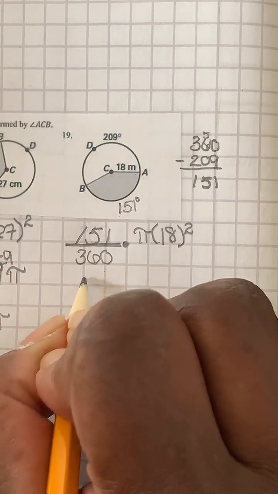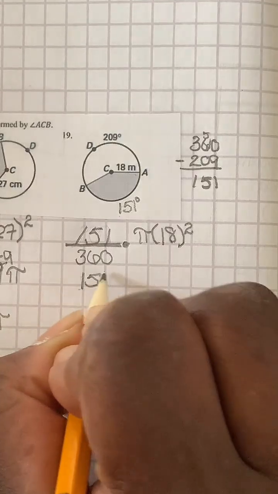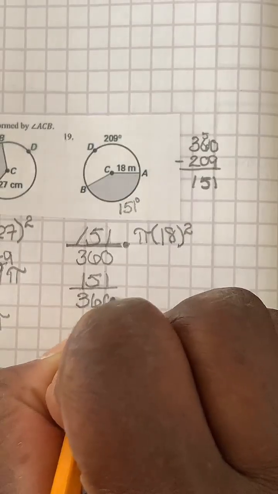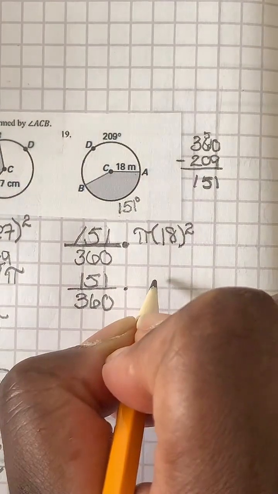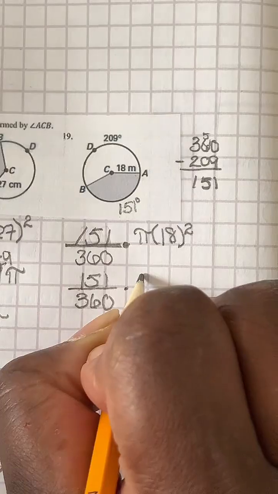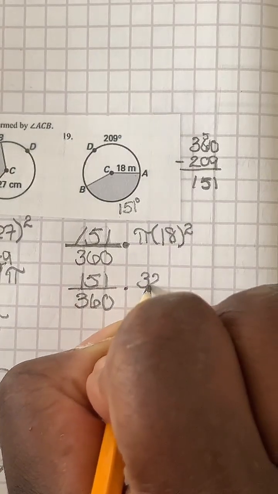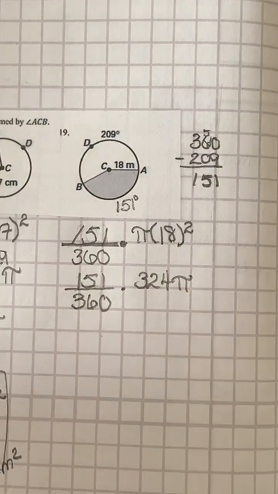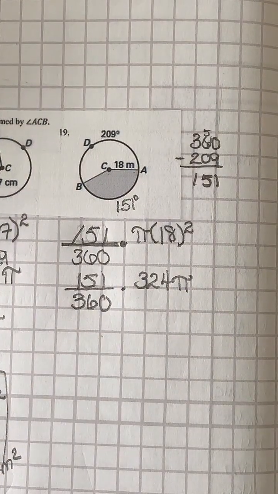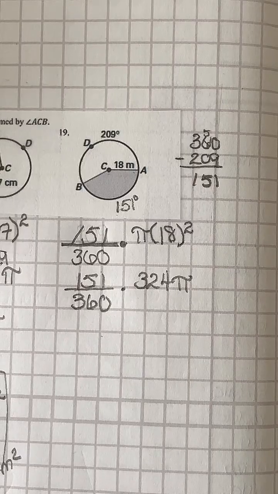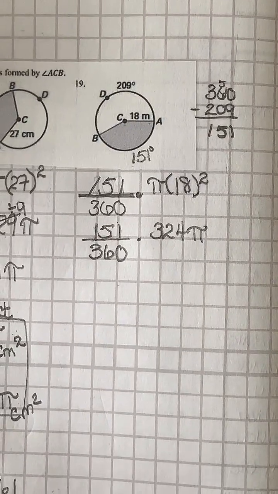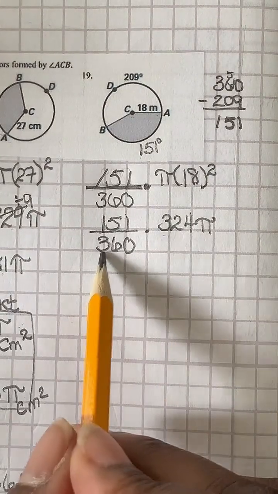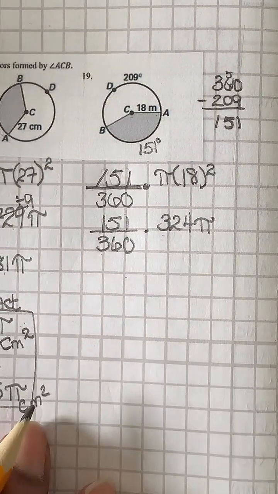So we have 151 over 360 times, thank you, 324. Thank you, Nicole, for the 324 pi. Now, 324 and 360 are both even.